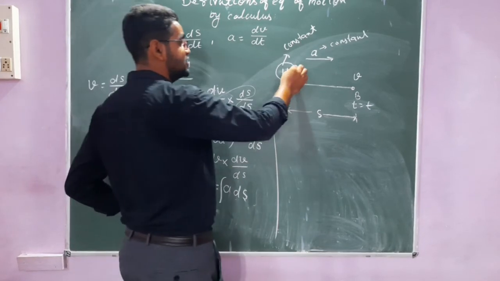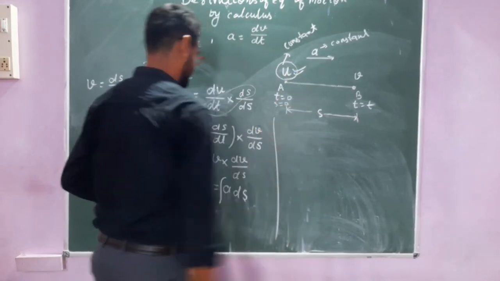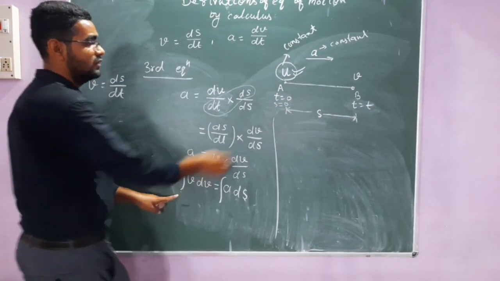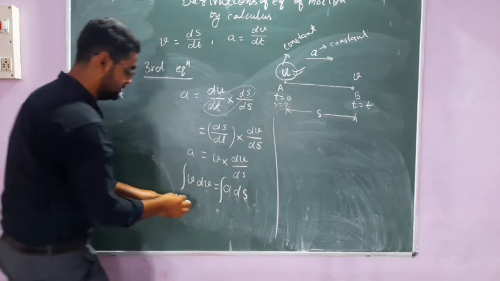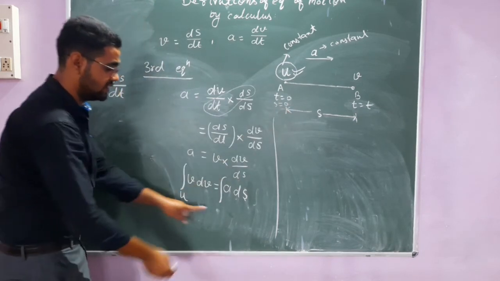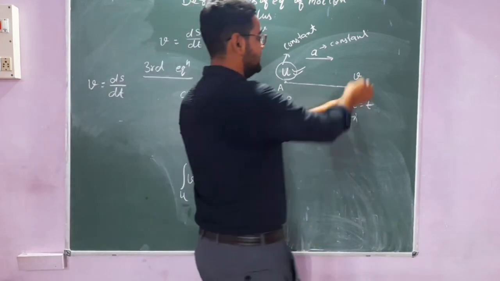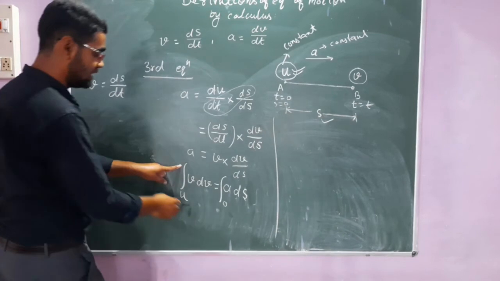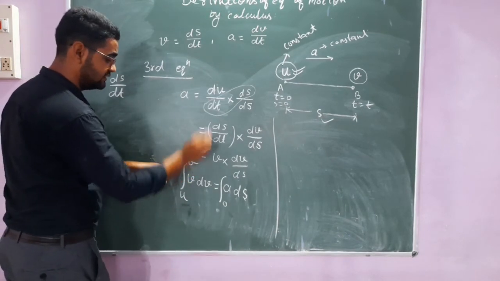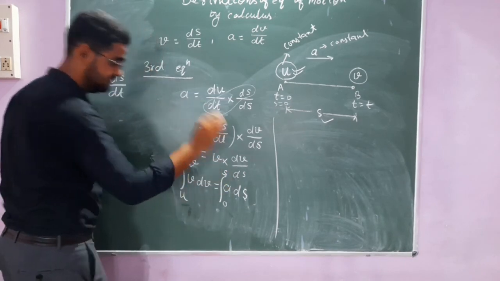When the initial velocity is u, the displacement is s equals to 0. Then at the initial point, the velocity is u and displacement is 0. At the final point, velocity is v and displacement is s.